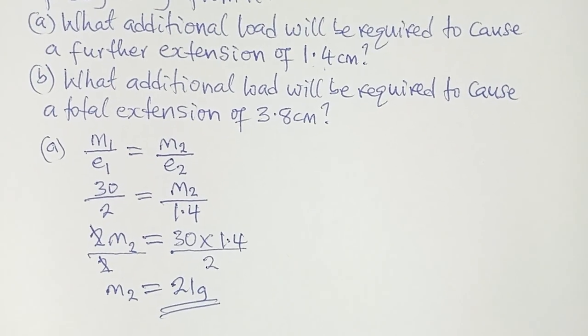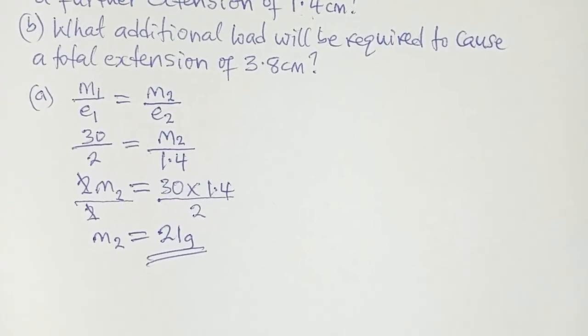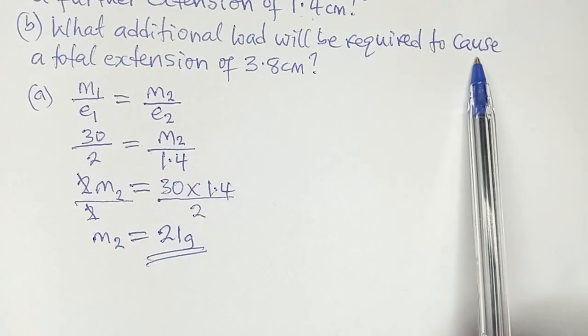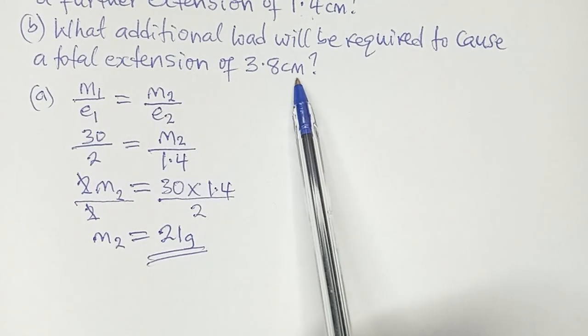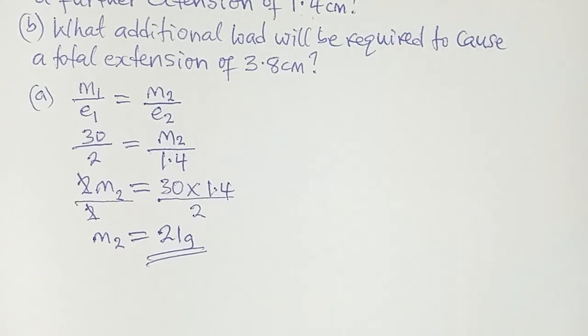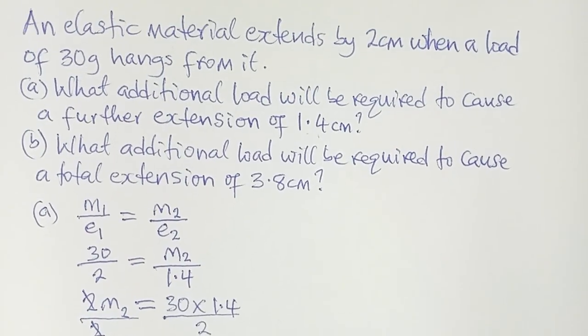Now let's move to question B and see how to solve that. Question B says, what additional load will be required to cause a total extension of 3.8 centimeter? Now, let's analyze this first of all before we solve it.